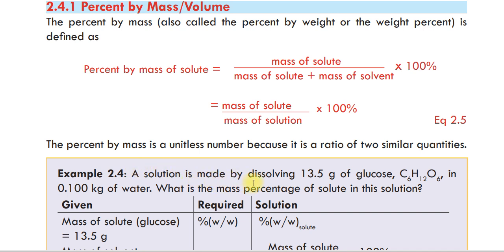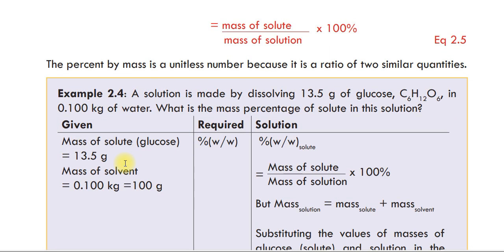Let us do an example. A solution is made by dissolving 13.5 grams of glucose C6H12O6 in 0.100 kg of water. What is the mass percentage of solute in this solution ይላል። ተመልከቱ፣ የተሰጠን ጊቭን አለ mass of the solute that is glucose which is 13.5 gram and mass of the solvent that is water which is 0.100 kg, that means 100 gram.